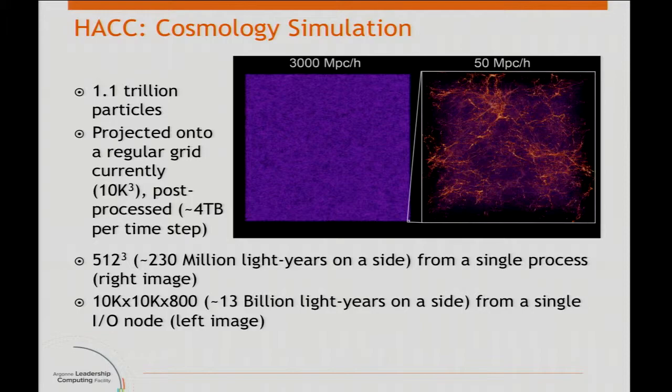We projected onto a 10K cubed grid, so 10,000 on a side, and the image on the left is of a slab of that data, which is about 10K by 10K by 800, which is the data from one I/O node, and the image on the right is essentially the data output from a single process. And as you can see, it's from this tiny little part in the corner, so it's really a really big data set.